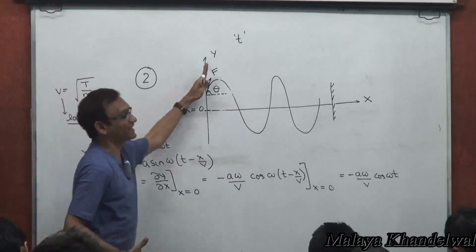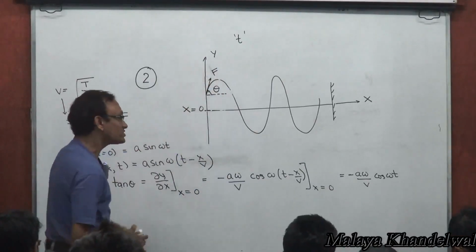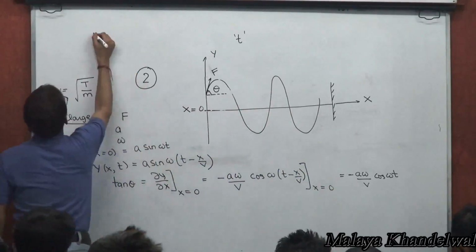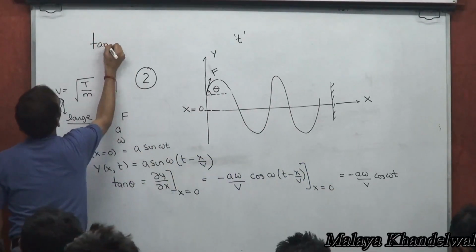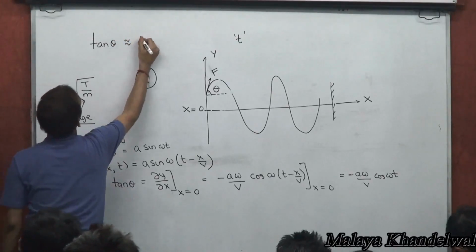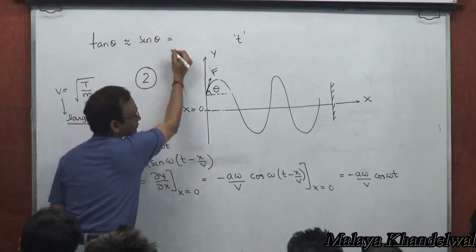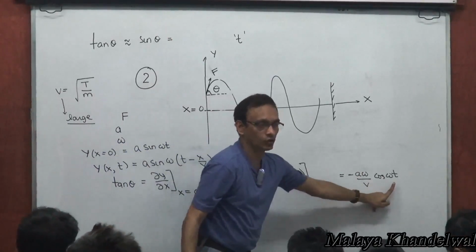Right? See, we need F sine theta. So then, tan theta at an instant of time t will approximately be equal to sine theta, equal to minus a omega by v cos omega t.